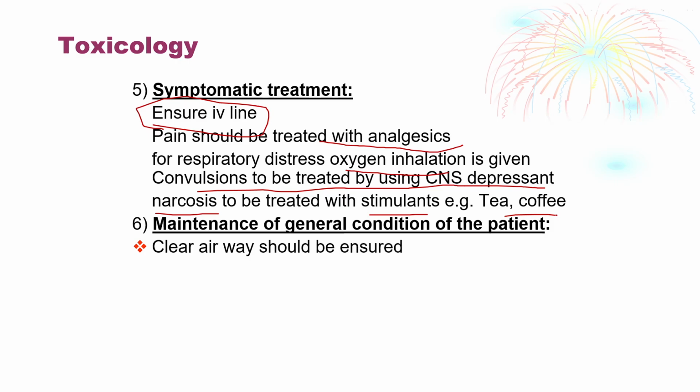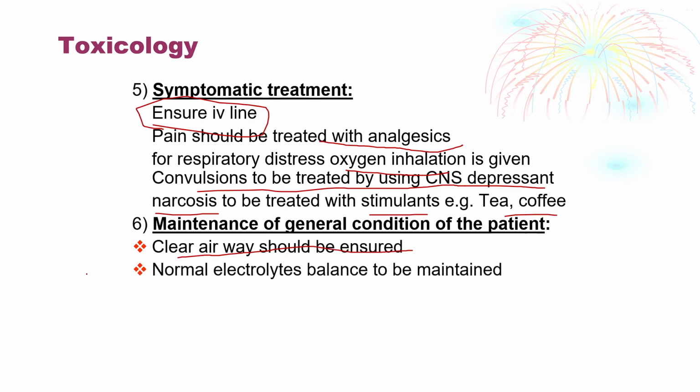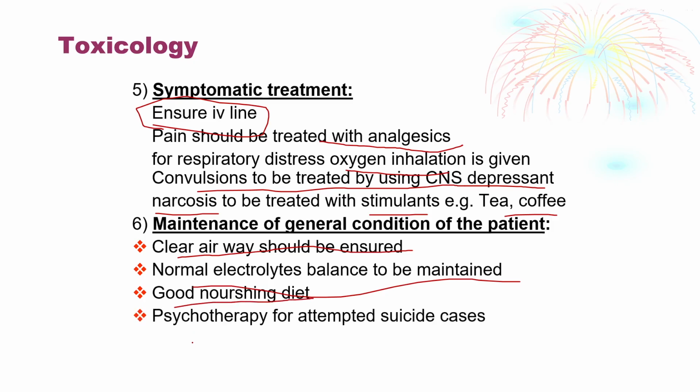How can one maintain the general treatment of the patient? We will clear the airway if there is any saliva or froth being produced. It must be cleared by the suction machine. And next we will go for the normal electrolyte balance. It's very important for maintaining normal function. Good nutrition is very important for the recovery, as well as psychotherapy in the case of suicide. Why has the person attempted suicide, and might attempt it next time?